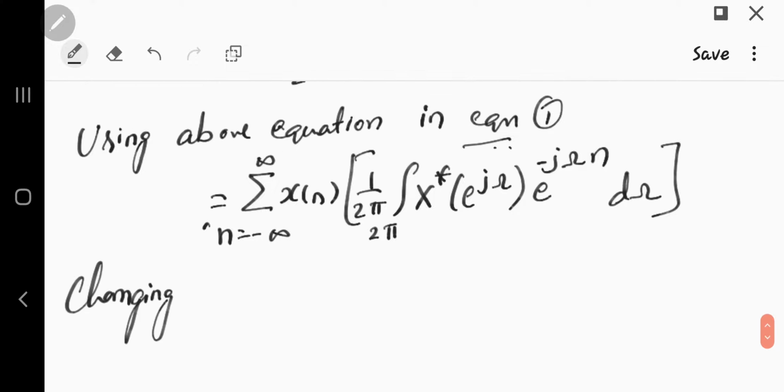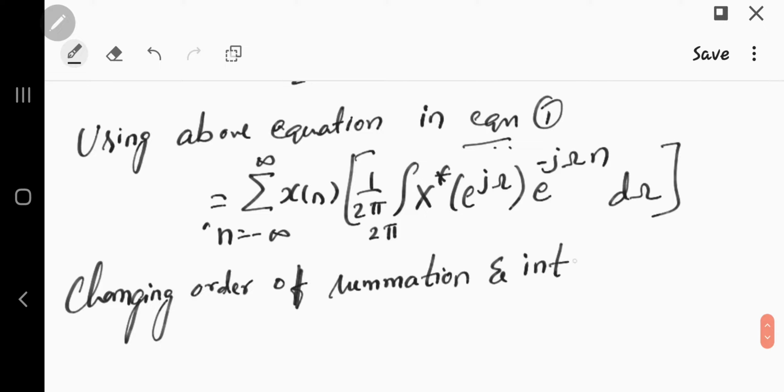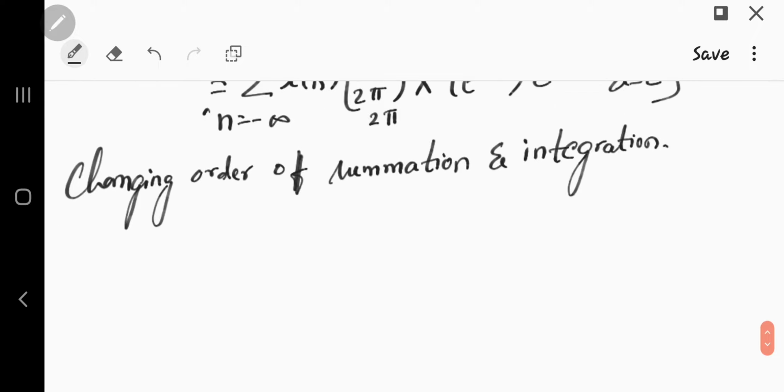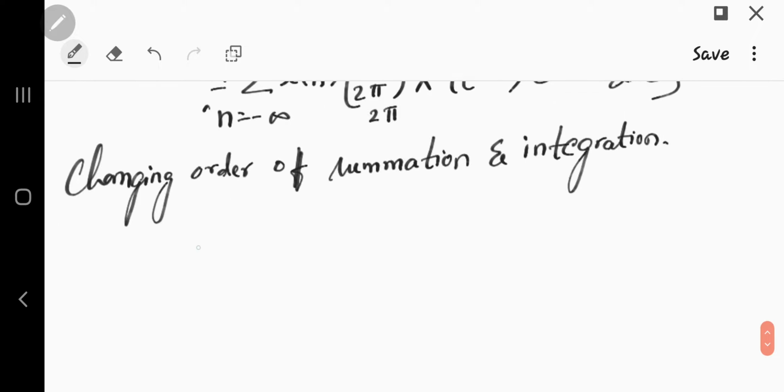Again, changing the order of summation and integration. We are changing the order of summation and integration for our convenience.